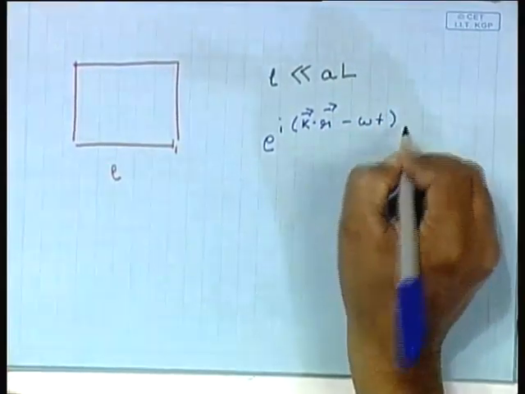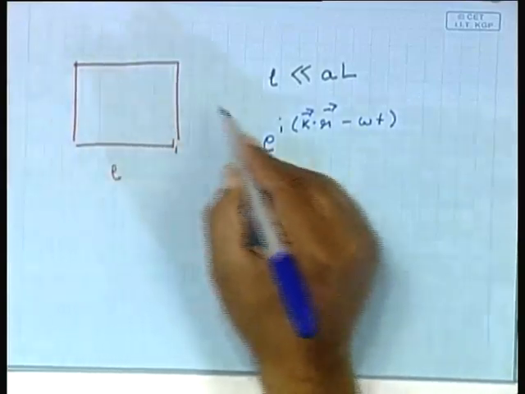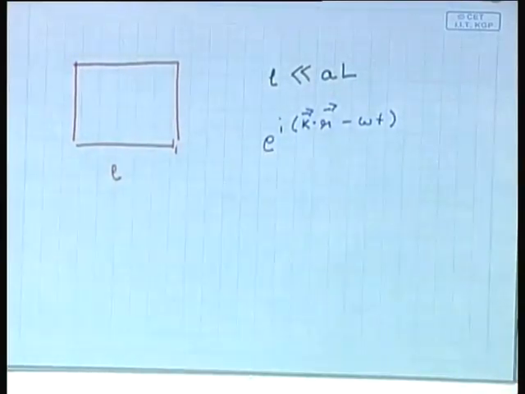Since the box is rectangular, these will be plane waves of this kind. So, we can decompose the electromagnetic field inside the box into a sum of oscillating waves with different k values.